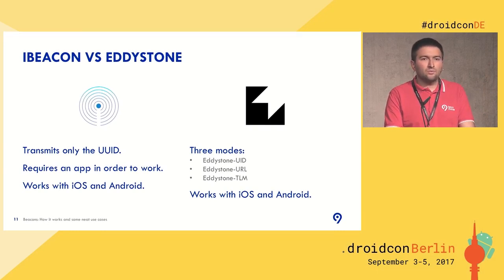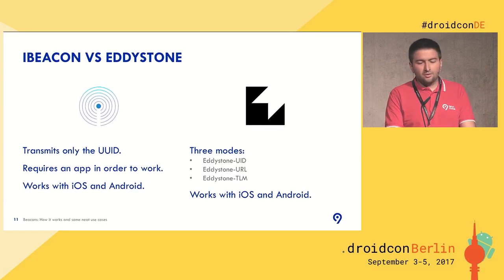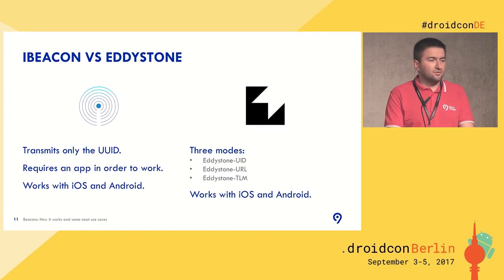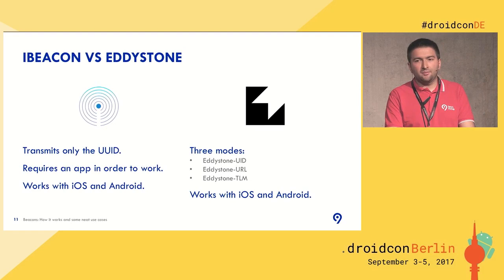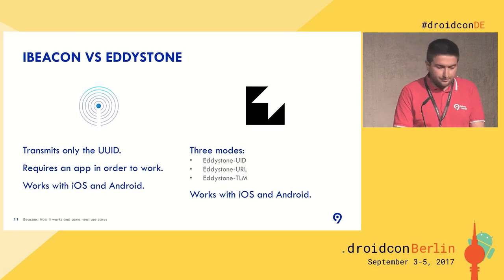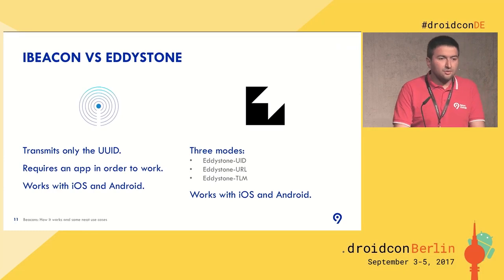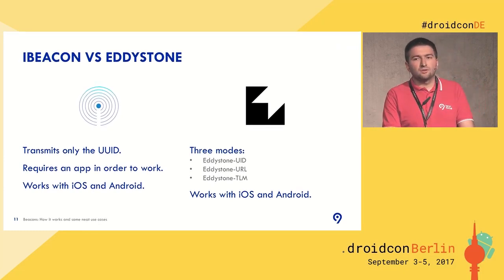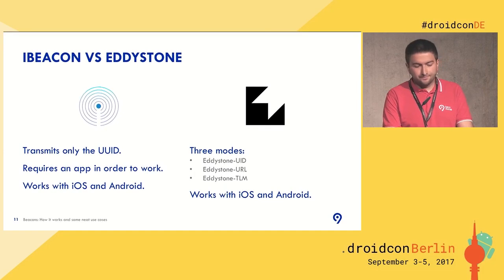So with each message broadcast by the beacon, besides the ID, you will also get telemetry information, for example, current temperature, humidity, or acceleration if there is one. Eddystone beacons also work with both platforms, iOS and Android, if you want a cross-platform solution.